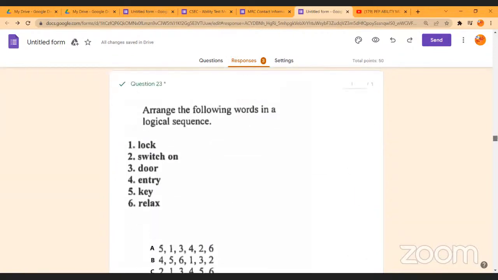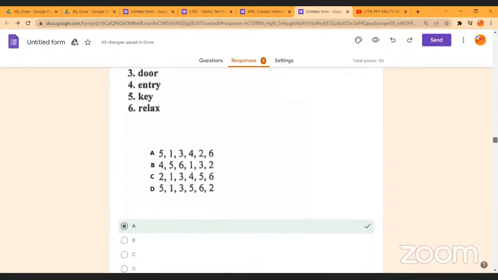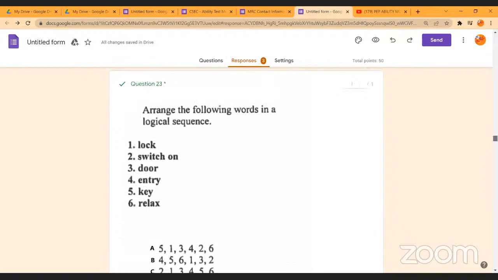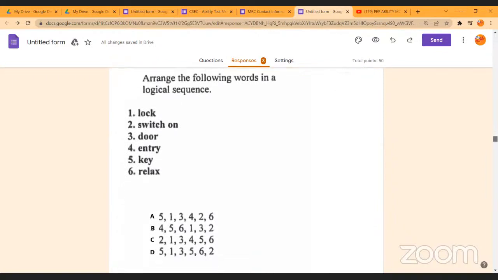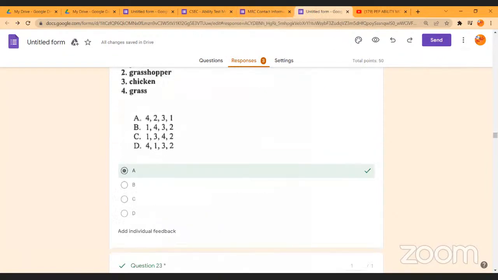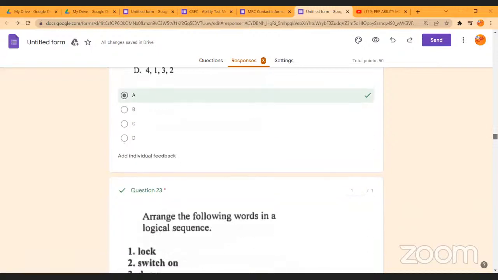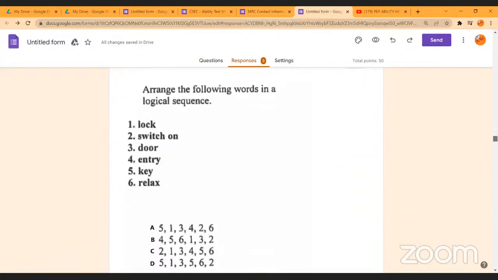All right, let's go to the next one. You got this correct as well. I'll read this for me. Arrange the following words in a logical sequence. 1. Lock. 2. Switch on. 3. Door. 4. Entry. 5.